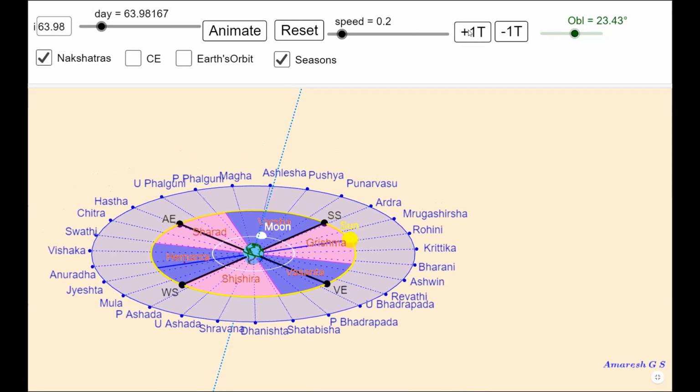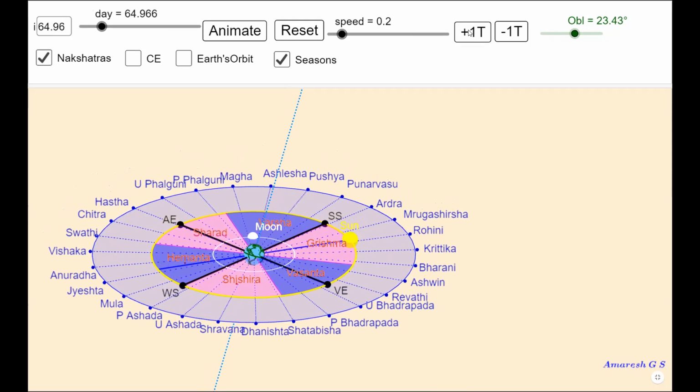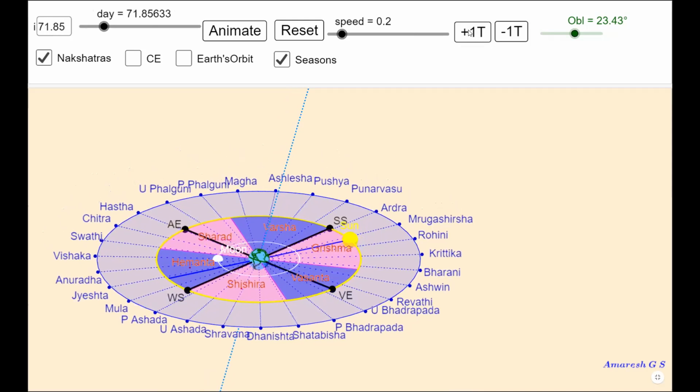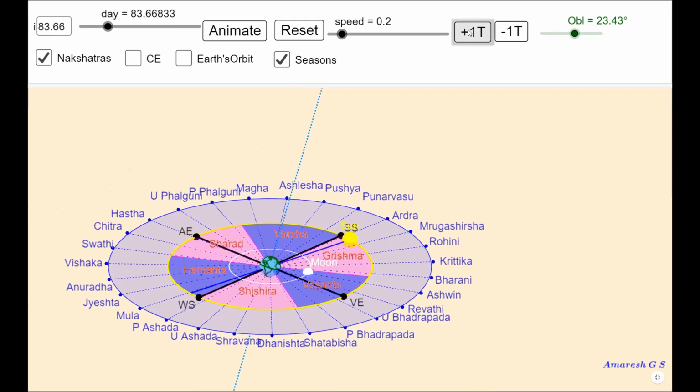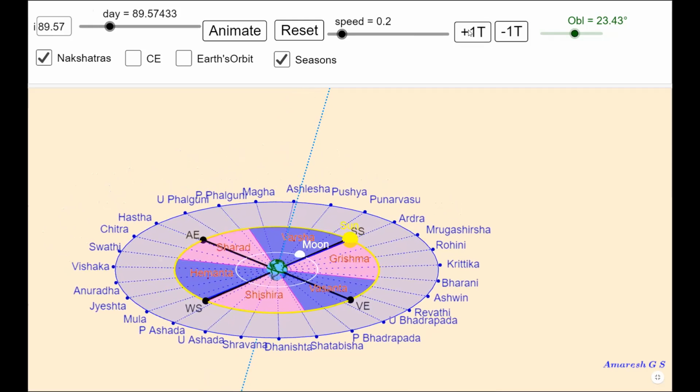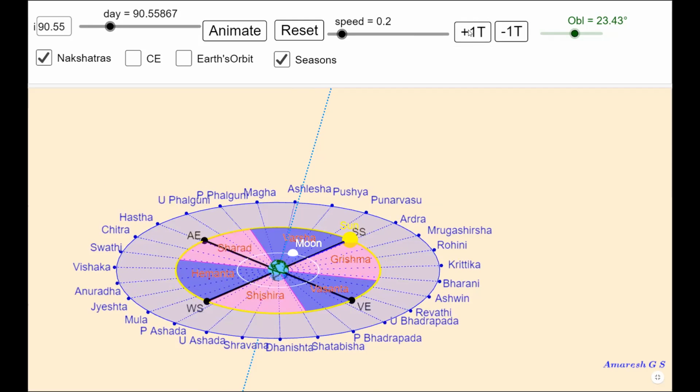After about 30 days, the first month of Grishma would be over, and then the month of Shuchi, the second month of Grishma Rutu, begins. And at the end of Grishma, the sun would be at the point of summer solstice.